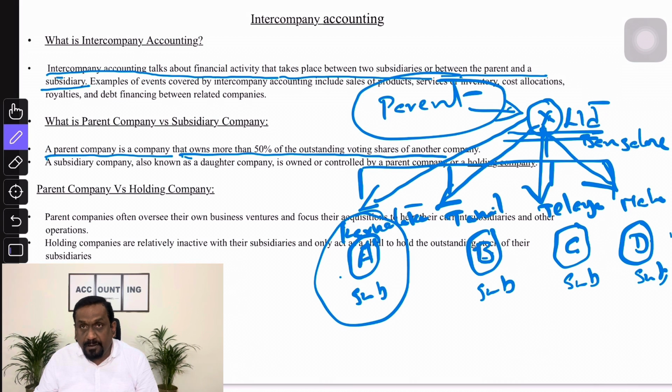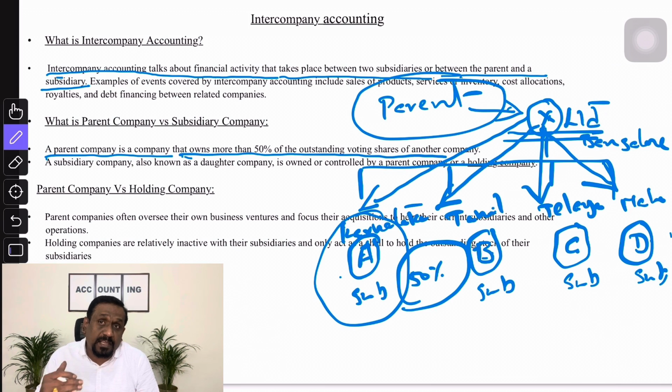X Limited will be called a parent company provided X has more than 50% of voting shares in each subsidiary. That means more than 50% of the capital would have been invested by X Limited. Then only X Limited will be called the parent company.